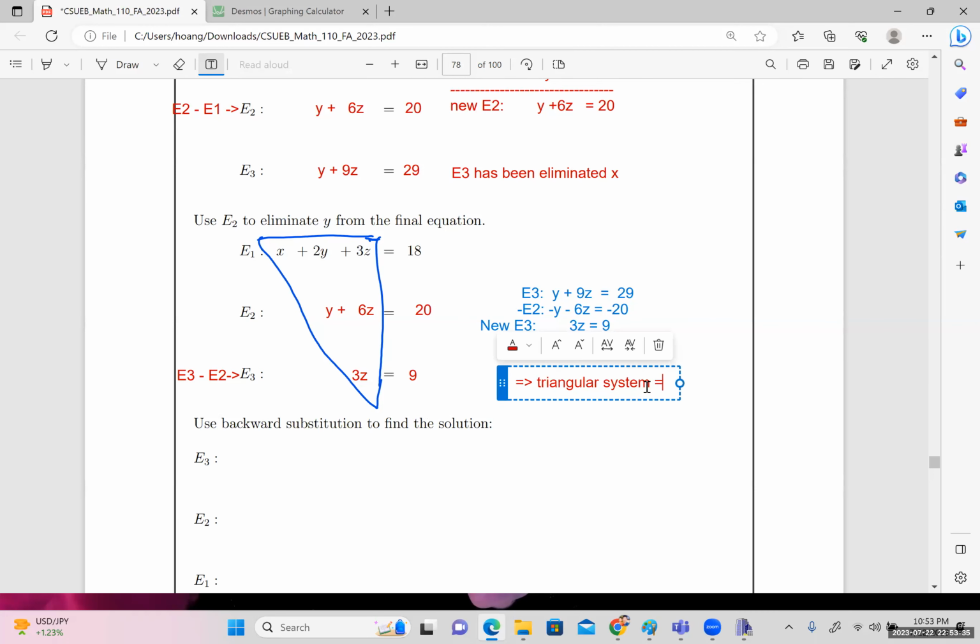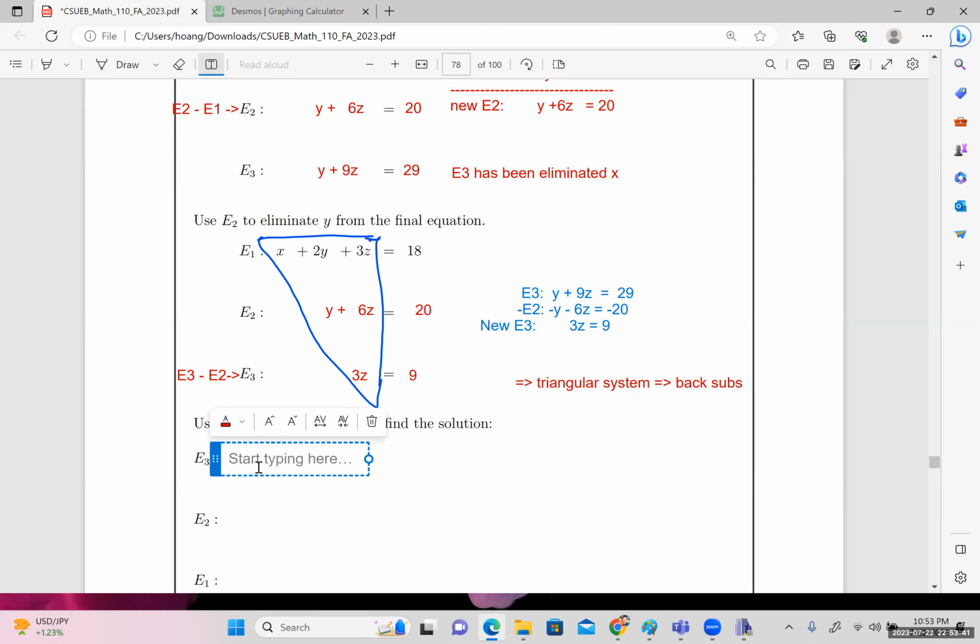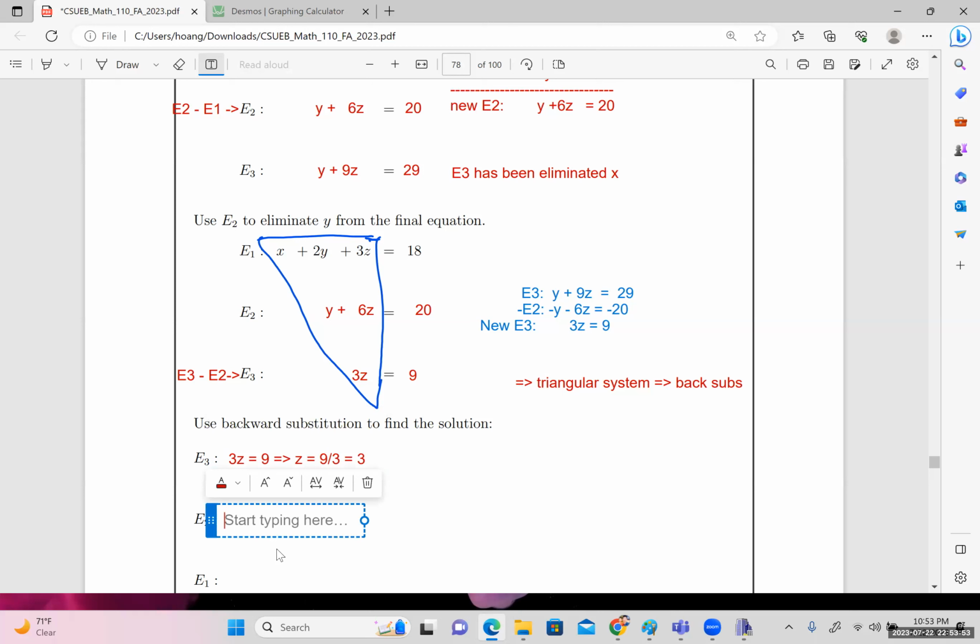Okay, so back substitute. We're going to start with E3, which is 3z equals 9, and we have z equal to 9 divided by 3, which equals 3. And then we come to equation 2, which is y plus 6z equals 20, and we substitute z equal to 3 in there.